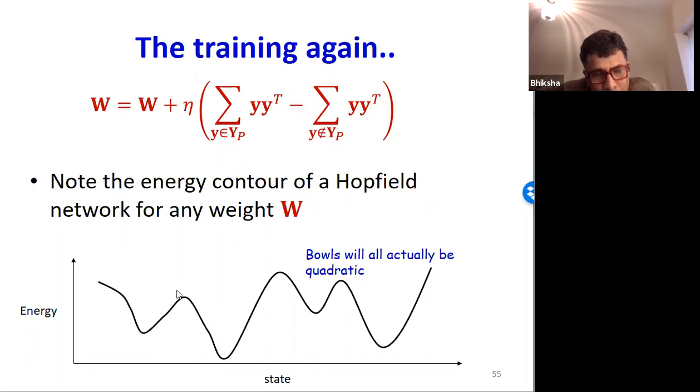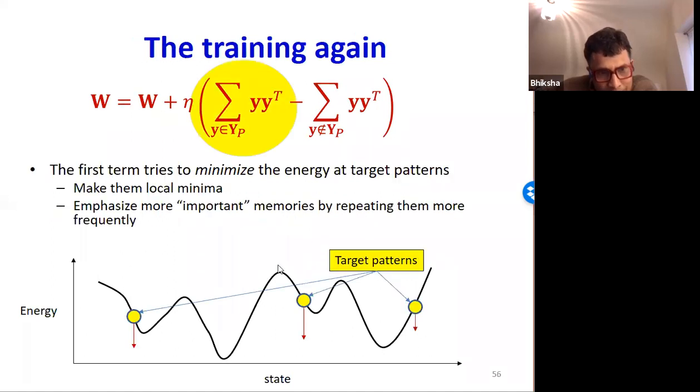Now, look at this. Let's say I have an initial weight W, and I'm trying to estimate the W. I have a current estimate. For the current estimate of W, I can plot the energy contour. It's going to be something like this, right? And let's say these are the patterns I'm trying to remember.